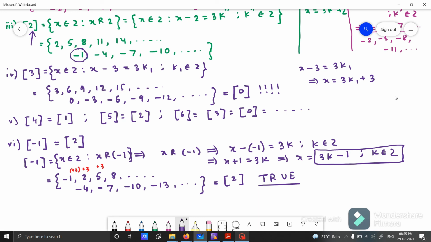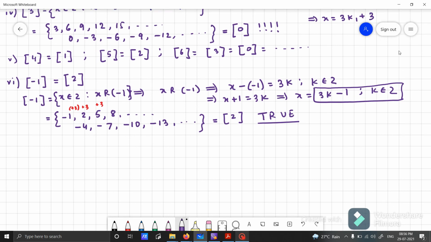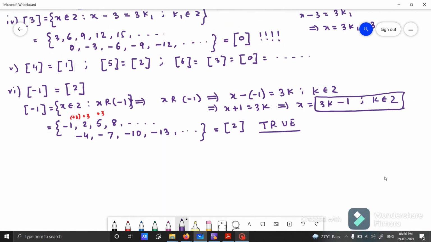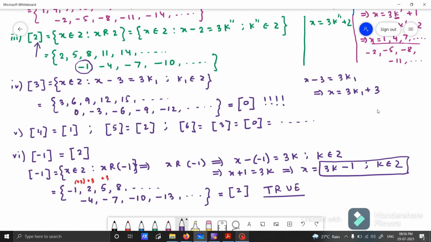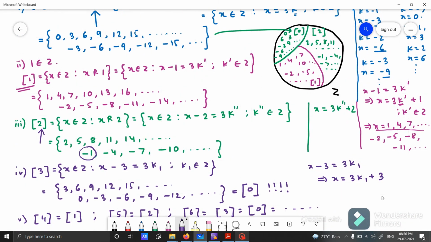So what ultimately we see is, though there are an infinite number of integers in Z, the entire Z has been, let me bring the picture here. Yes, so though Z is an infinite set, ultimately we see that there are only 3 compartments or 3 subsets into which this particular equivalence relation R has divided Z, and they are equivalence class 0, equivalence class 1, and equivalence class 2.